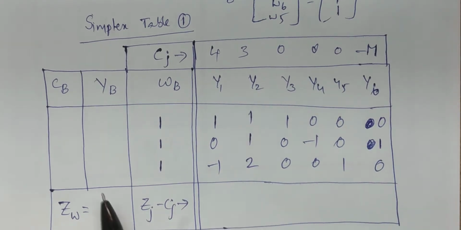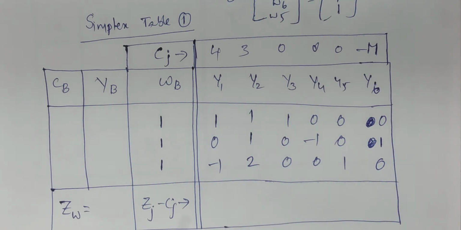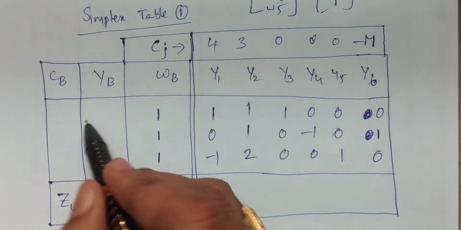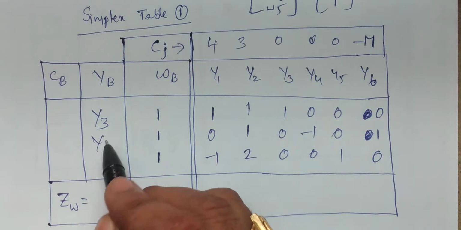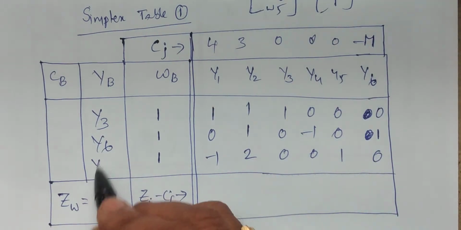Now you go and write the vectors in yB. What are the vectors in yB? The first one is 1, 0, 0, which is y3, therefore y3. Then 0, 1, 0 is y6, hence y6. Then 0, 0, 1 is y5, therefore y5.